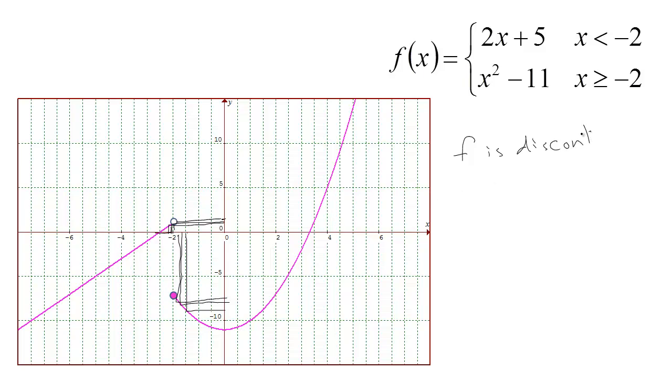So f is discontinuous at -2, because even though f of -2 is defined, it's -7, the limit as x tends to -2 doesn't exist. It's because our left and right hand limits, although they exist, they don't agree, and so the full limit doesn't exist. You need the limit to exist and be equal to the value of the function at the point for it to be continuous.